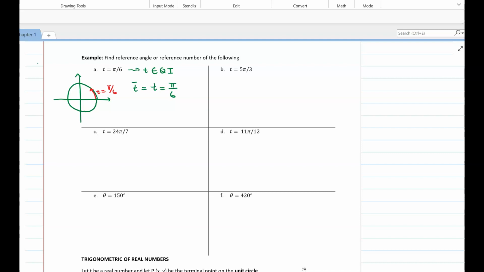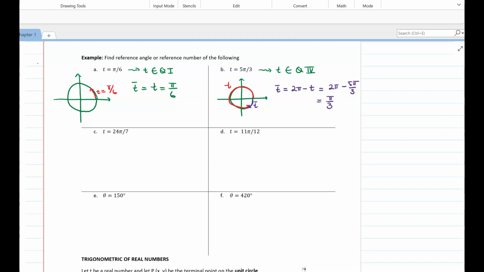For t equals 5 pi over 3, 5 pi over 3 is in quadrant 4. So this is t of 5 pi over 3, and this part here is our t bar. t bar is equal to 2 pi minus t, that is 2 pi minus 5 pi over 3, and that is pi over 3.